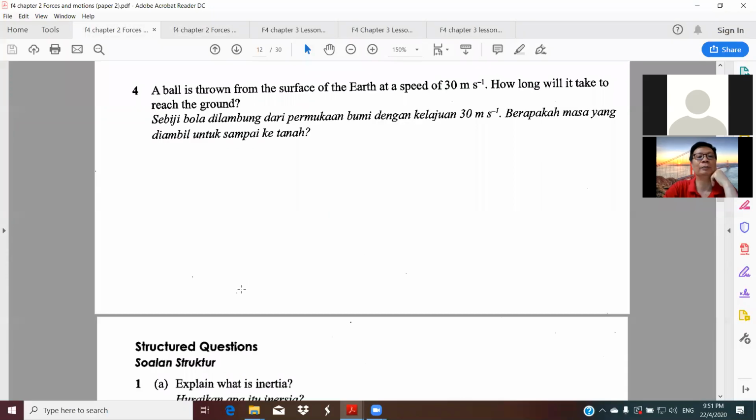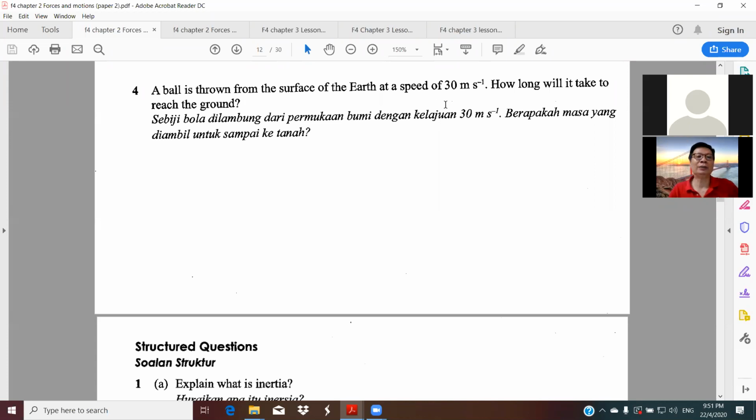Now read the question. A ball is thrown from the surface of the Earth at a speed of 30, okay? You throw it up already, not dropping. So you throw it up with speed.